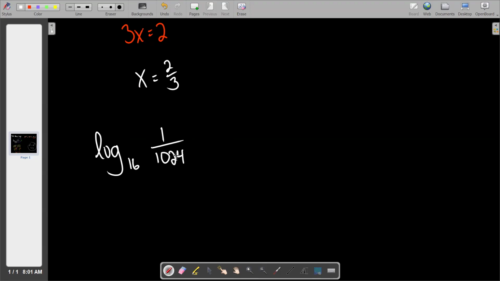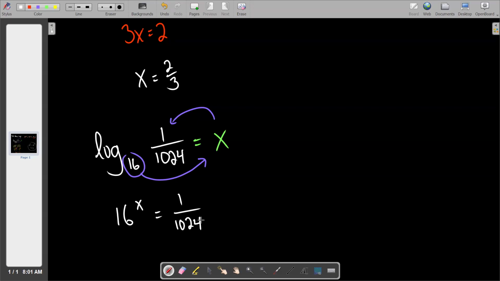So what you want to do here is, again, look for a common ground. First start by slapping the x over here and then cycle it out. I can keep drawing that little cycle every time, but eventually you don't need it. You understand that it's this to the this equals this. So the equation in its raw form says that 16 to some power is equal to 1 over 1024.